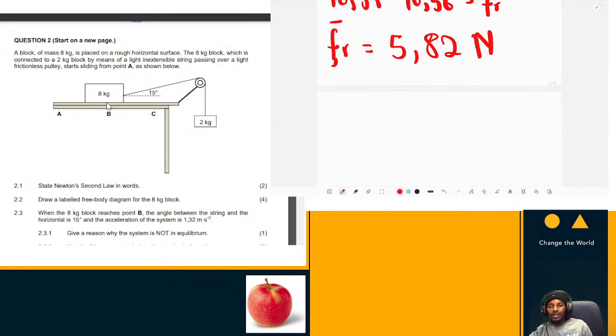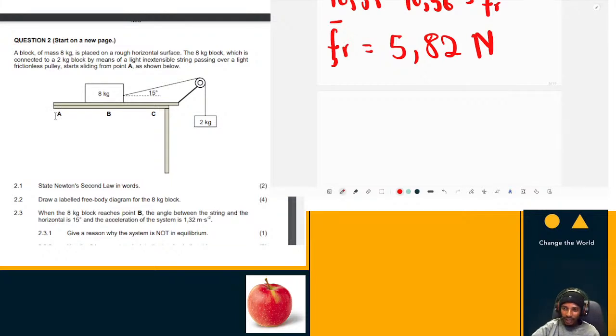So before we try to attempt this question, if we move this 8 kg block, before we move it from B to C, let's assume we move this 8 kg block far away from point A, infinitely away to the left.